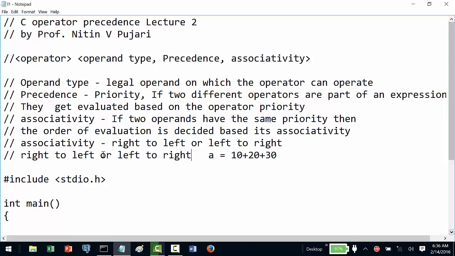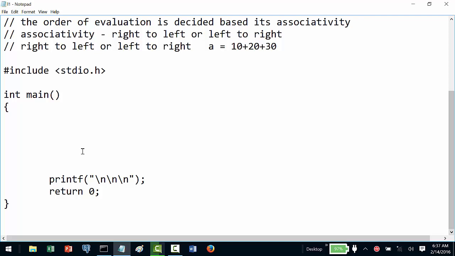So from now on, whenever we discuss an expression, we look at the operand type, the precedence of the operator, and the associativity. So let us start with a very simple example. For example, let me print the value of an expression which results in an integer. We will say the expression value is percentage %d.